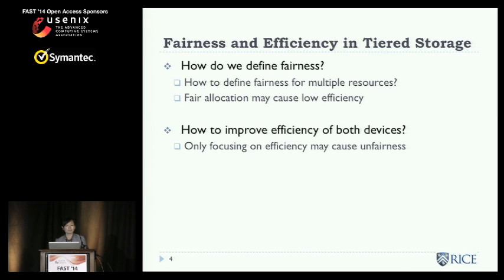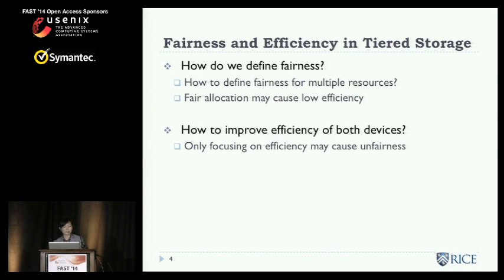In a single-type device, it's very easy to define fairness and achieve high efficiency. But in a tiered storage system with heterogeneous resources, if a client has different requirements on different resources, how should we define fairness? Another problem is efficiency. Efficiency is a major concern for the service provider because it affects the resource consolidation ratio and the number of clients that it can serve at the same time.